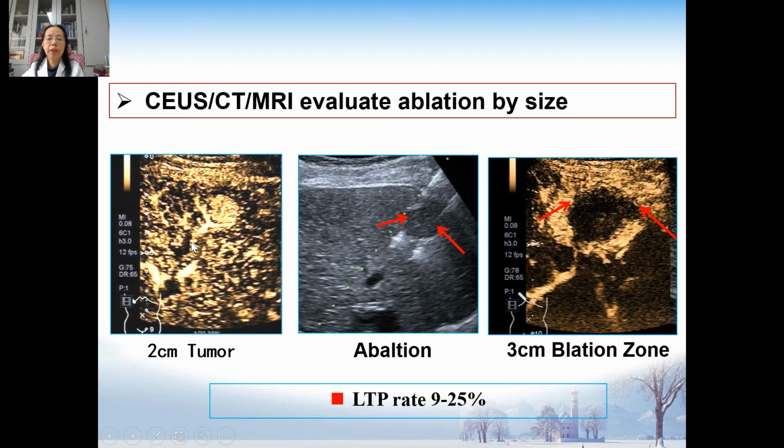This is a typical clinical case: a 2 cm tumor and a 3 cm ablation zone, so we think it's okay, but the local tumor progression rate is about 9 to 25 percent according to the papers.